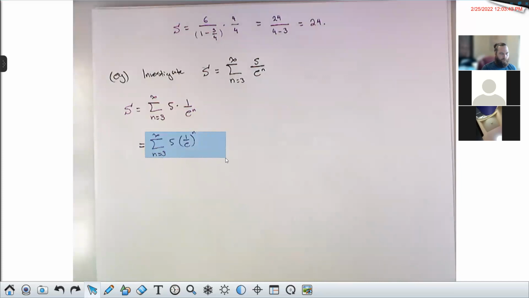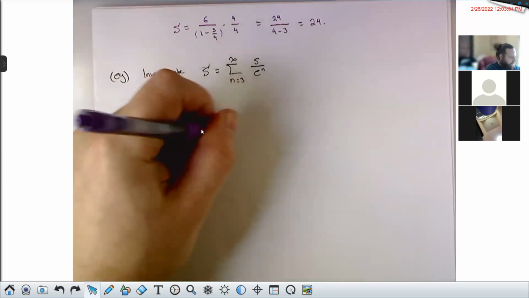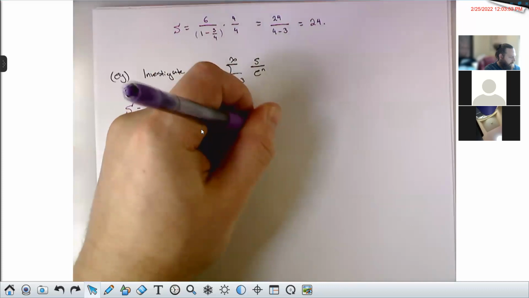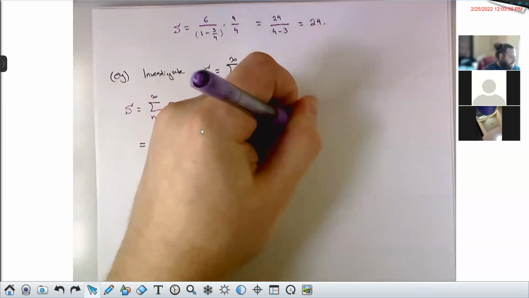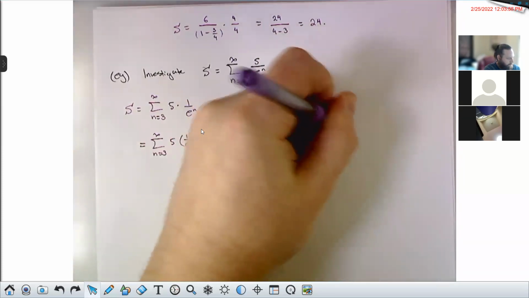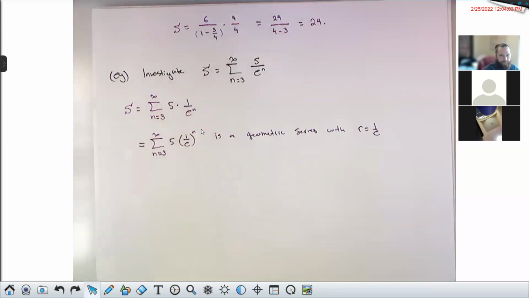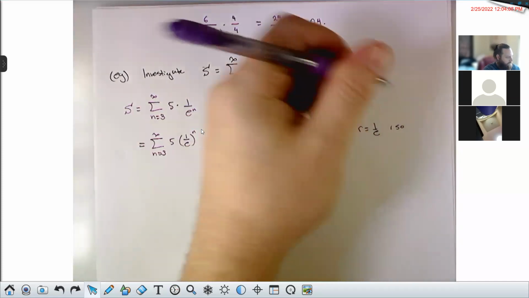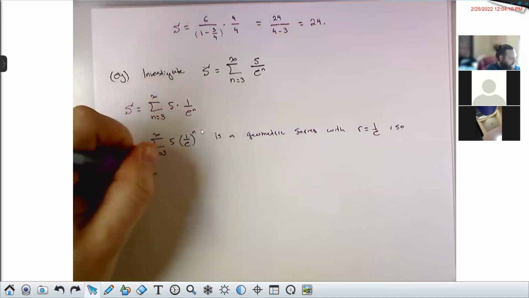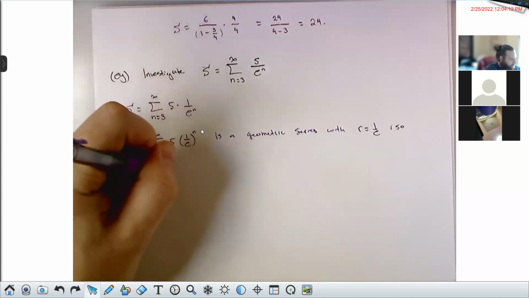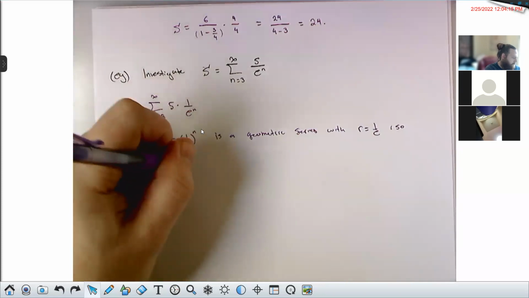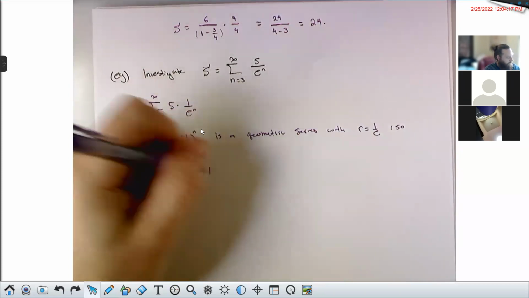So once I write it in this form, sigma, some constant times some other constant to the n, we see that this is a geometric series with r equal to 1 over e. So the absolute value of r is the absolute value of 1 over e, which is 1 over e, and that's less than 1. Why?